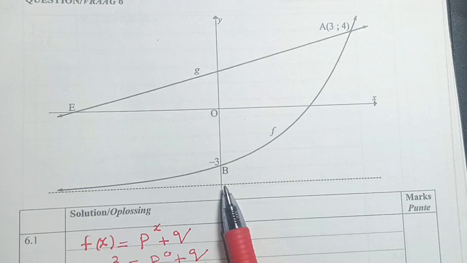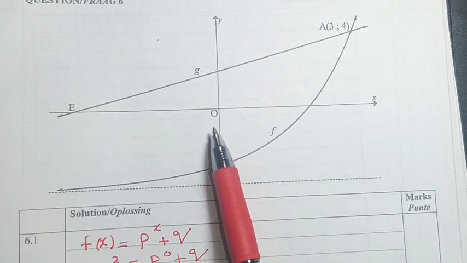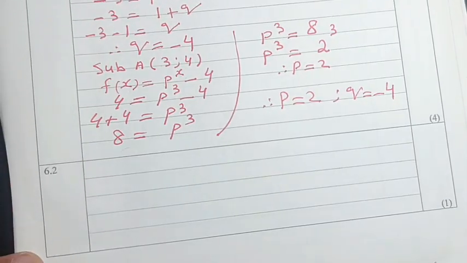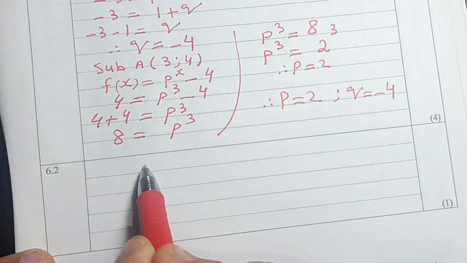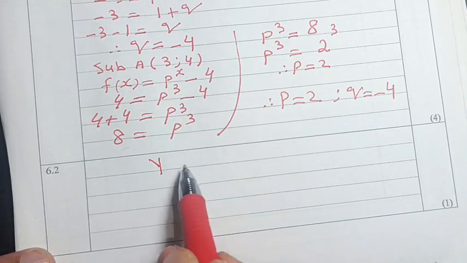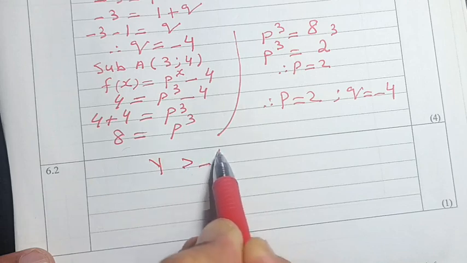So y greater than -4, that is the range of the graph. If you don't remember this way, let me show you. Therefore the range is y > -4.